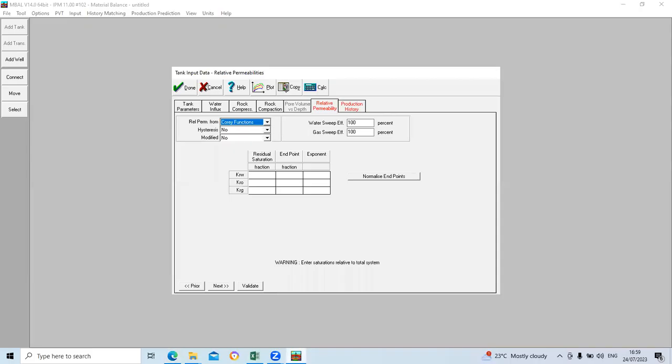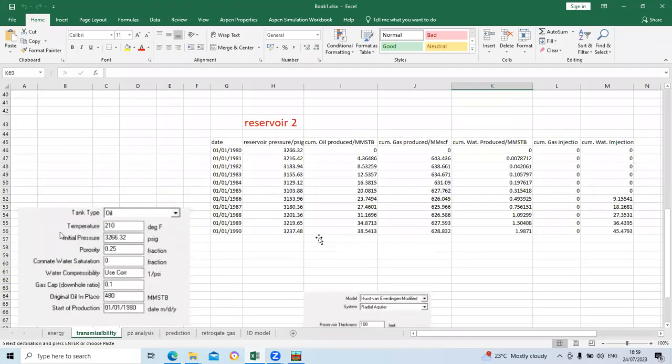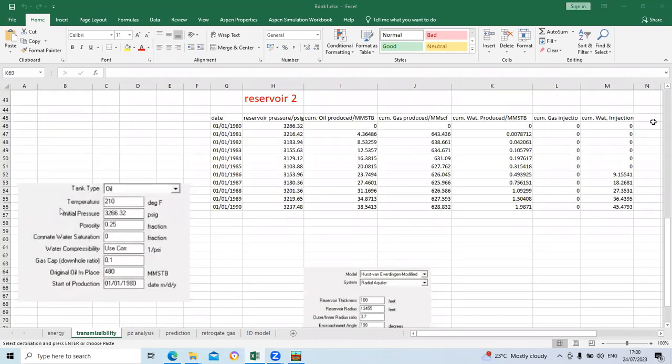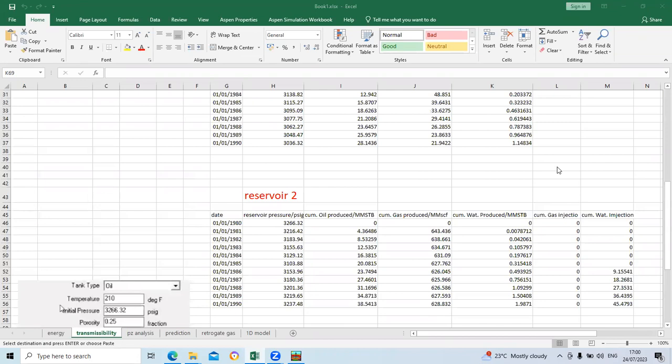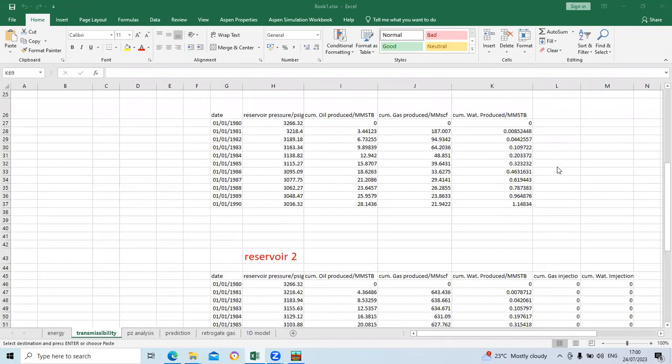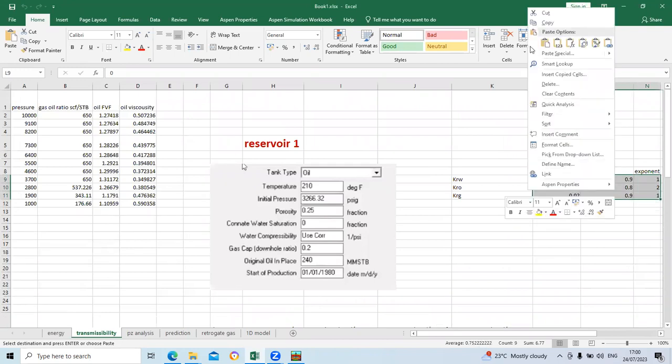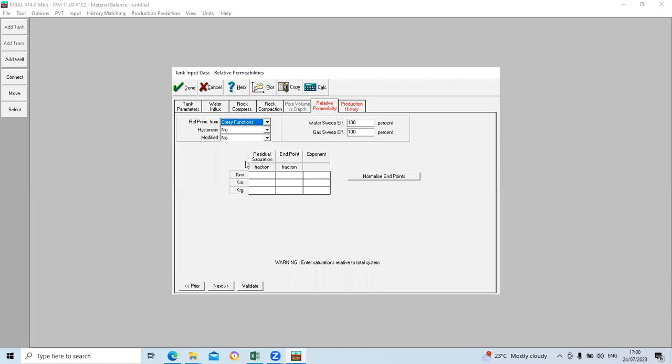So we'll go back to our MBAL. We look at what we have here for Corey. Okay, so this is the parameter I have here. Let me copy and paste, I hope it will go. Paste. Okay, this one has gone easily.